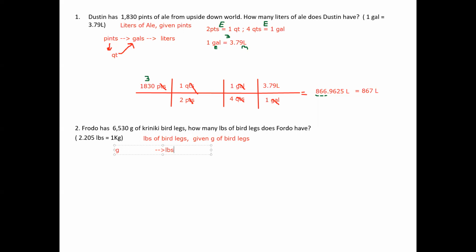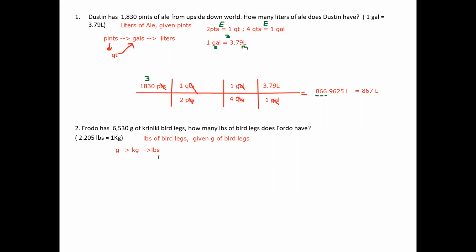And so if we have the grams, can we go to kilogram? And the answer is yes, because if we know the number of grams, we can convert it to the number of kilograms, and then we can go to pounds. So the middleman here is kilogram.